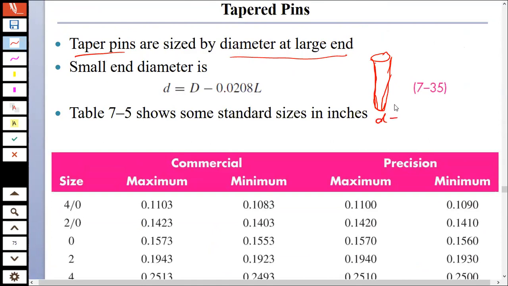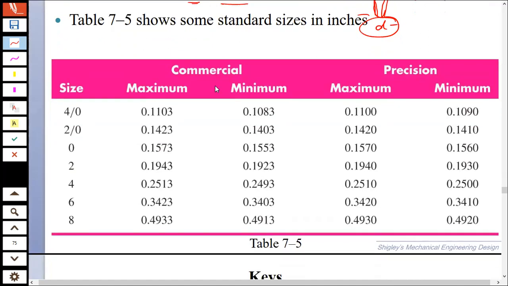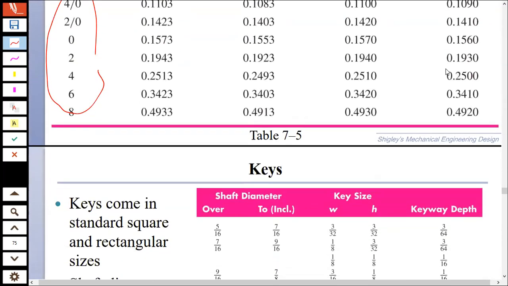If this is the small diameter and this is the big diameter, if you know the big diameter, you subtract this much times L. This is your L, so you can calculate your D from here. And looking at table 7-5, these are some standard sizes in inches. This is the size, maximum, minimum, and for precision maximum and minimum, these are the pins that you will get over here.